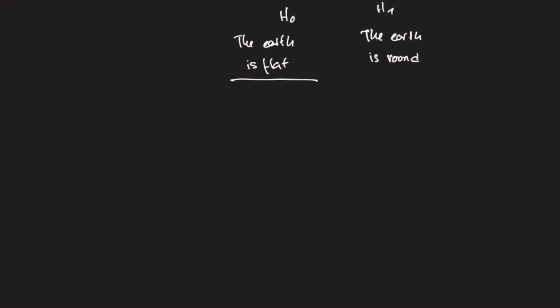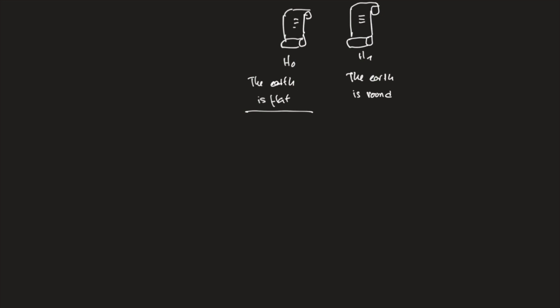Okay, so now we begin to run these experiments, and the way I will do this is very simple. Say that we have experiment 1. We have run one experiment, and in this experiment we gather evidence, and when we finish gathering evidence, we end up with this much evidence that the Earth is flat, and this much evidence that the Earth is rounded. So this is H1, this is H0.